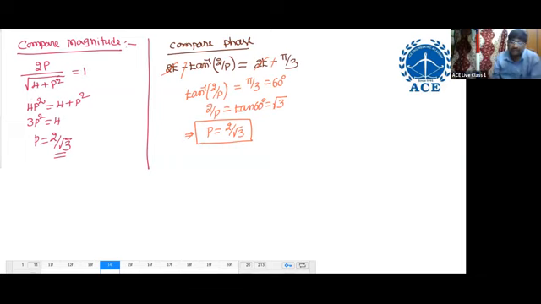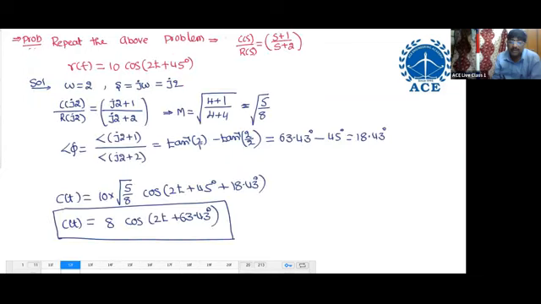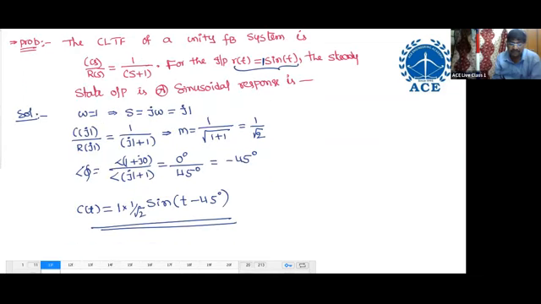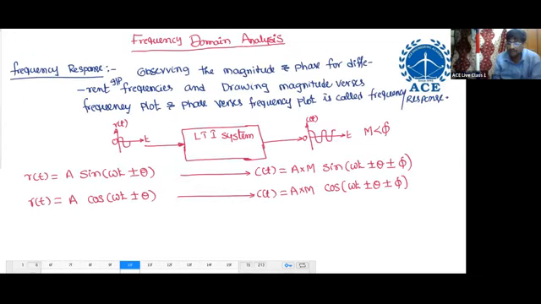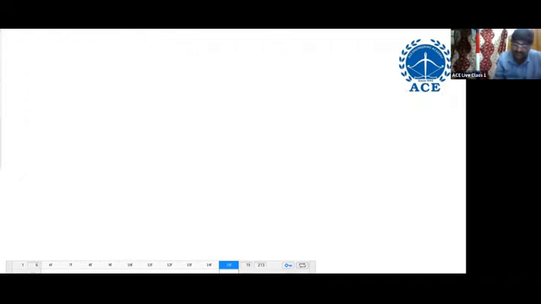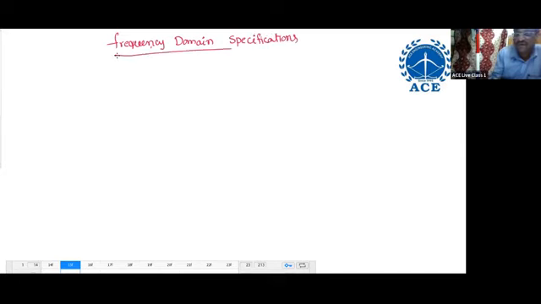Next, frequency domain specifications. What are the frequency domain specifications?